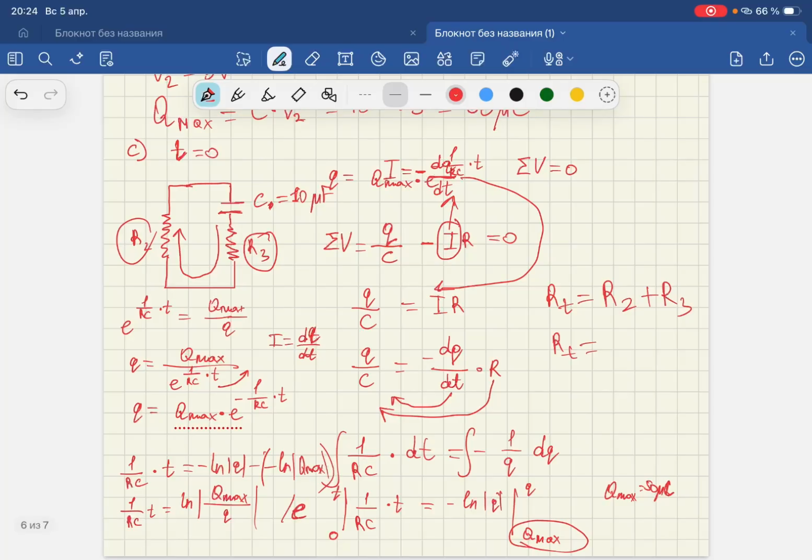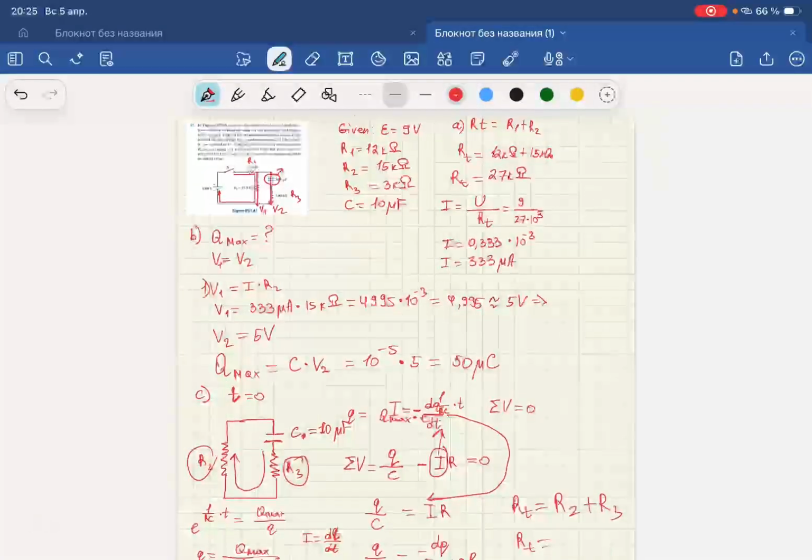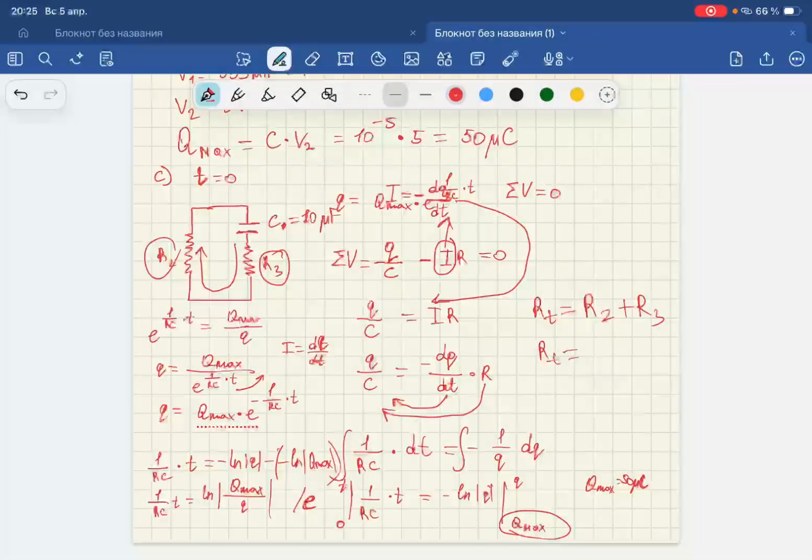It's equal to the given 3 and the 15 kilo ohms. The 15 and the 3 give us 18 kilo ohms.